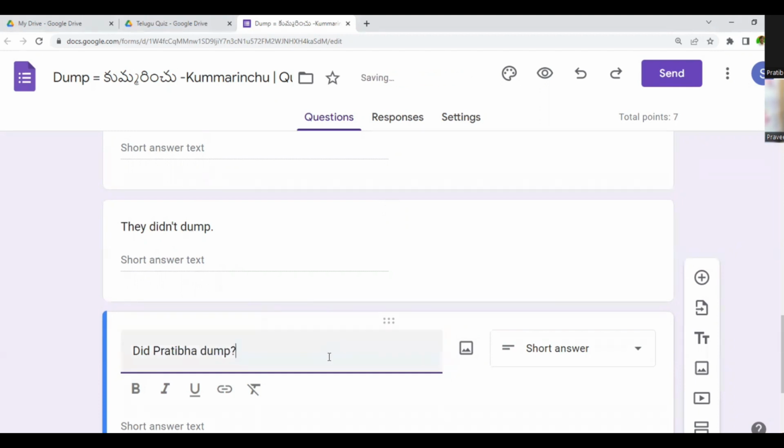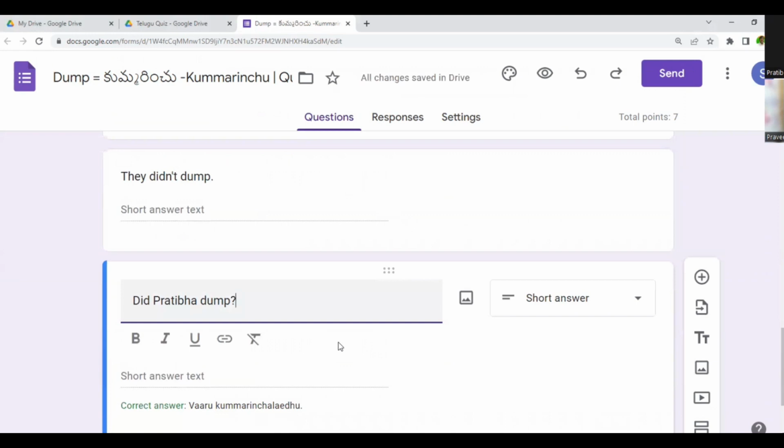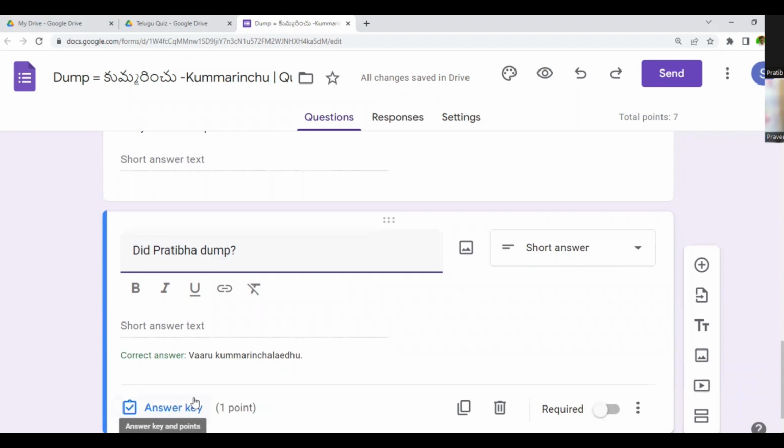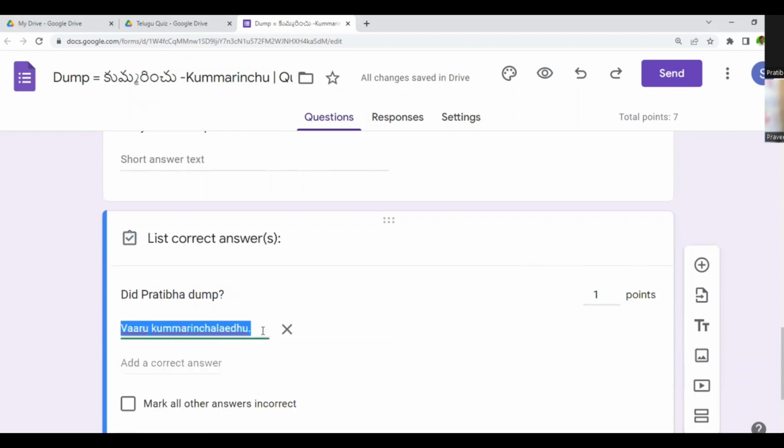Okay. Did Pratibha dump? Here you have to use the name as it is, then use the ending along with the meaning that you tried. Did Pratibha dump? So the name, obviously, will be first. Pratibha.